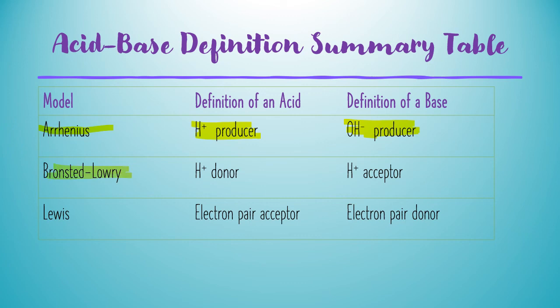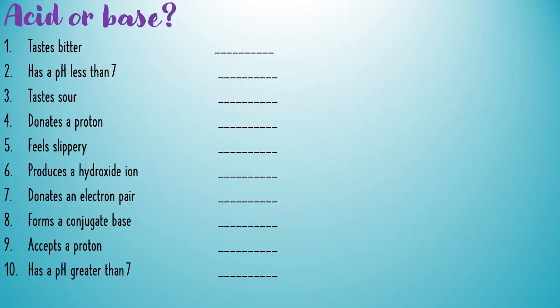Bronsted-Lowry, the acid donates the H, the base accepts the H. And then Lewis, the acid accepts the electron pair, and the base donates the electron pair. The 2 you really need to know are these 2.